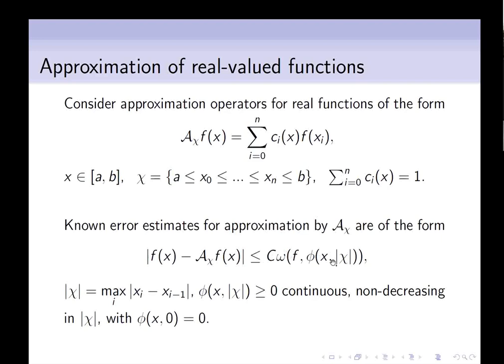The absolute value of H, we call it the norm of H. This is the maximal distance between two consecutive points. And here phi is a general continuous function, non-decreasing in the second argument, with 0 at 0. So in many operators, we have just the norm of H here.